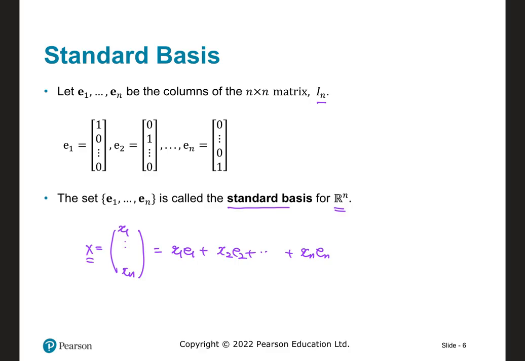When I say the standard basis for Rn space, I imply those n vectors. But that's not the only basis for Rn space. For example, in R3 space, the set E1, E2, E3 is the standard basis.